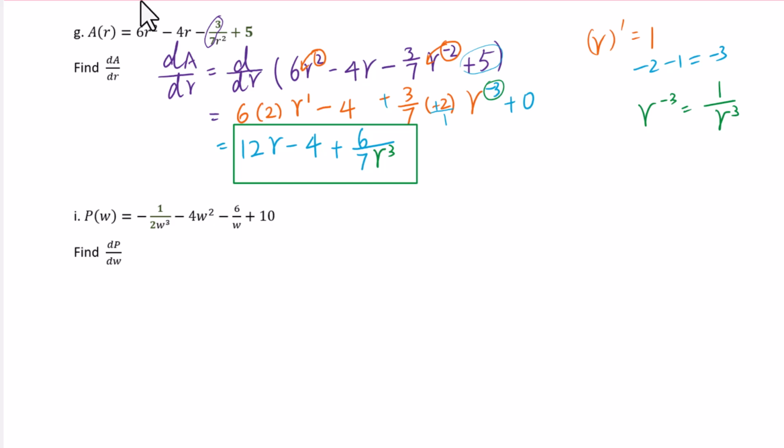Let's go to I. We are looking for dP dW. dP dW equals d dW of... Remember, change each term into single power. 1 over w to the third power equals w to the negative third power.